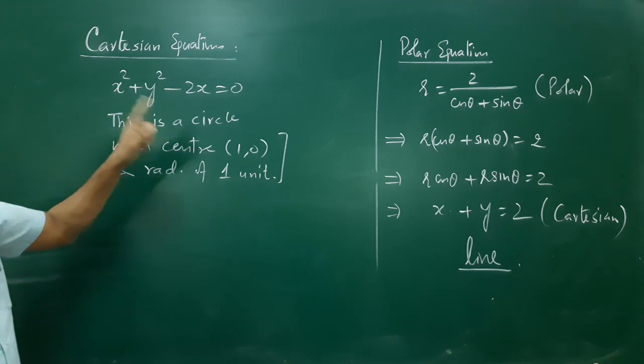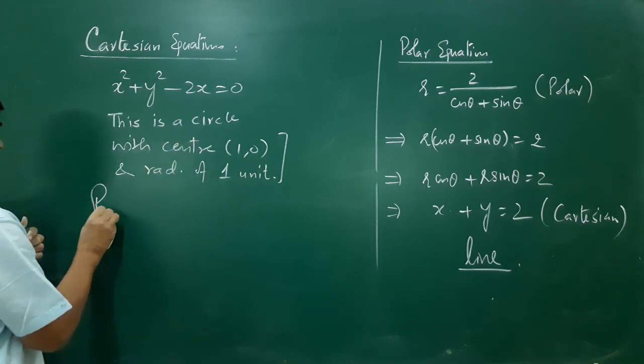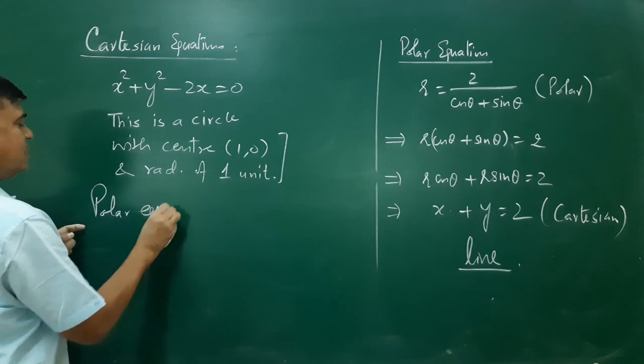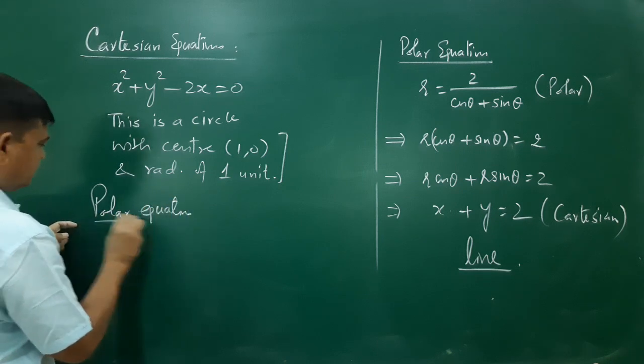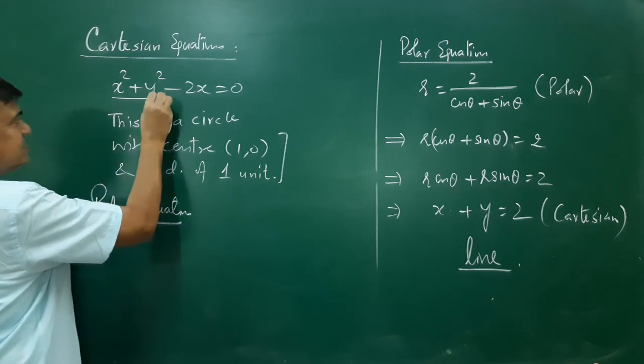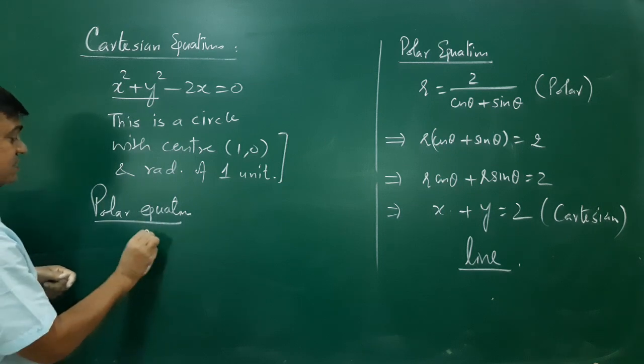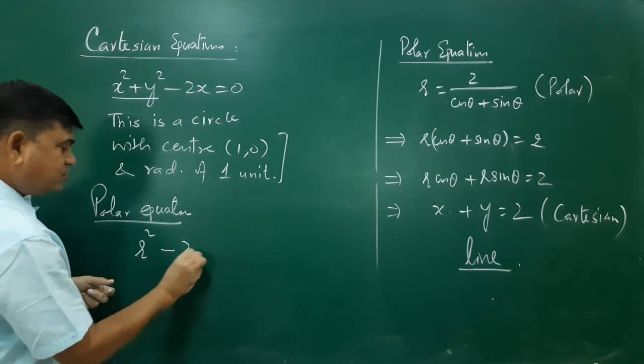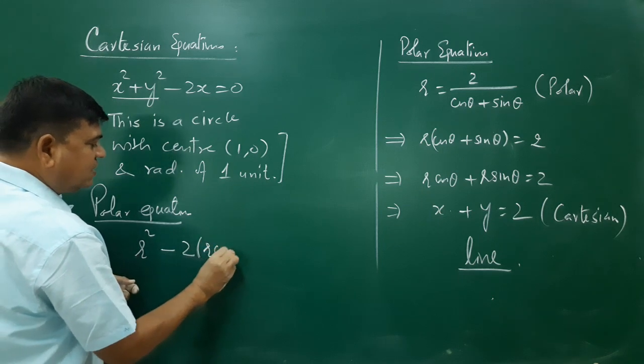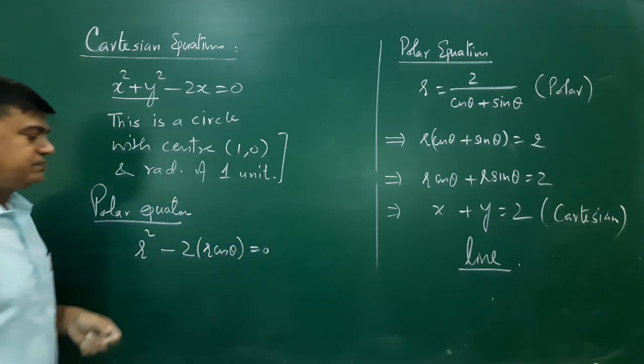Now we convert it into polar. Now look at x square plus y square. We know that this is r square, minus 2x, which means 2r cos theta, equals 0.